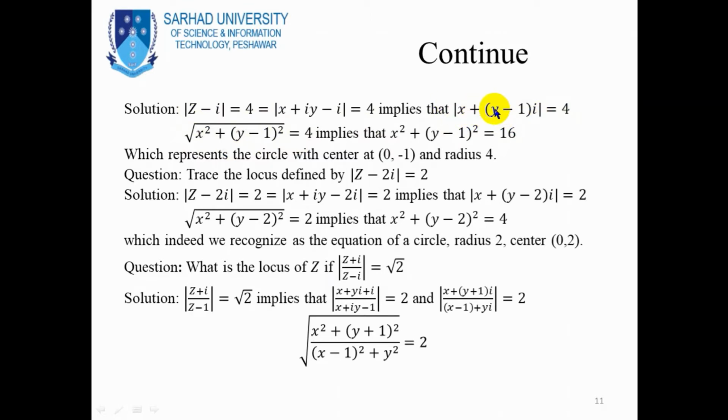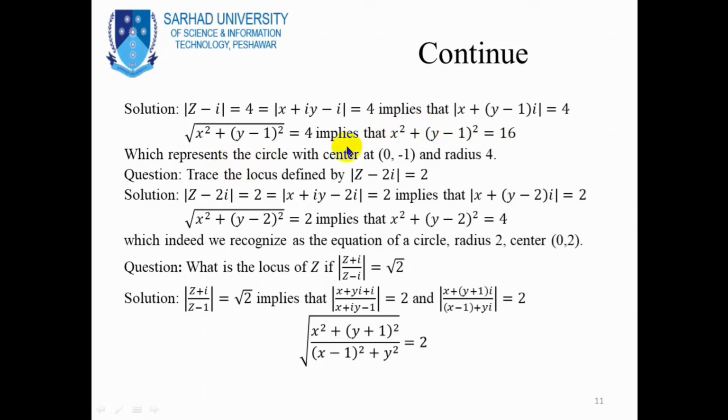By taking the magnitude, we obtain the square root of the sum of the squares of the real part and imaginary part, x square plus (y minus 1) whole square, is equal to 4. Taking the square on both sides, x square plus (y minus 1) whole square is equal to 16.